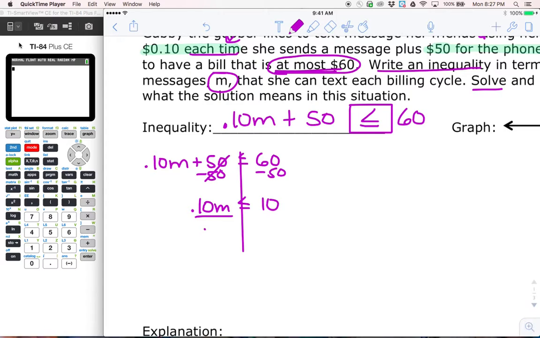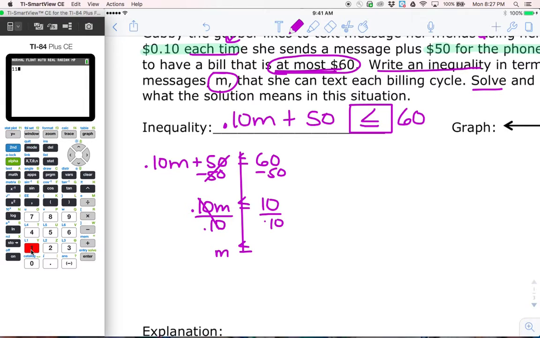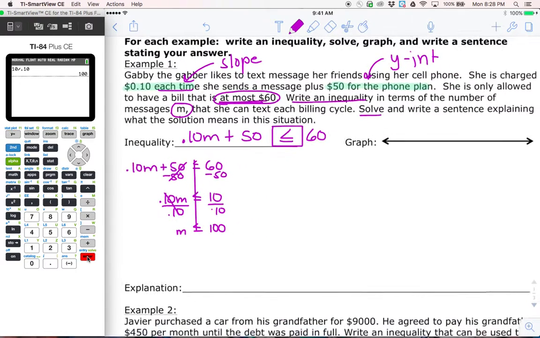Last but not least, divide out the 0.10, and we've got m is less than or equal to, which remember we did not flip the inequality because we divided by just a positive number. We've got 10 divided by 0.10, which is going to give us 100. So m is less than or equal to 100.